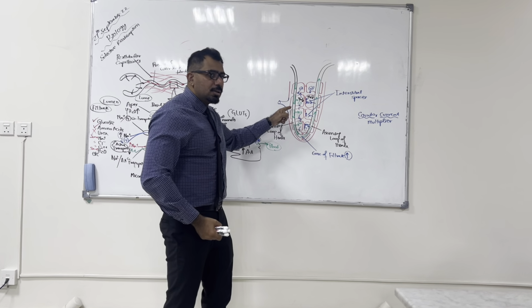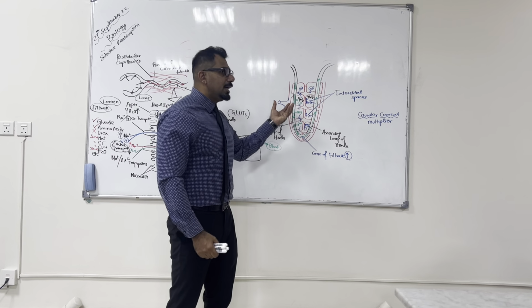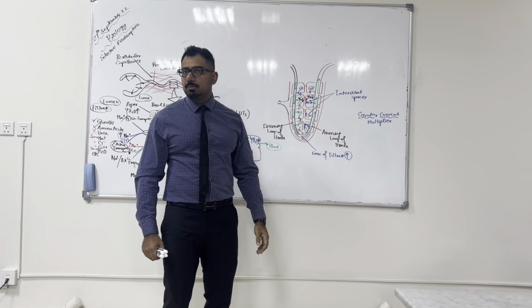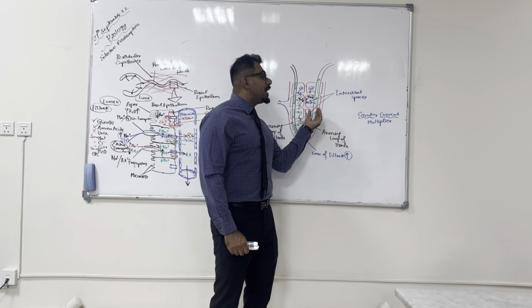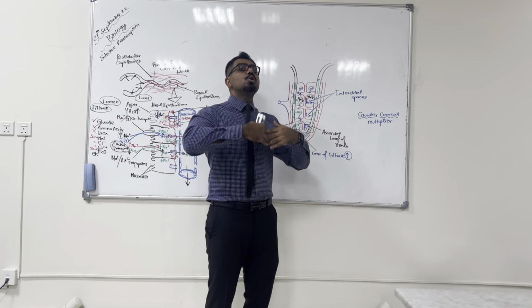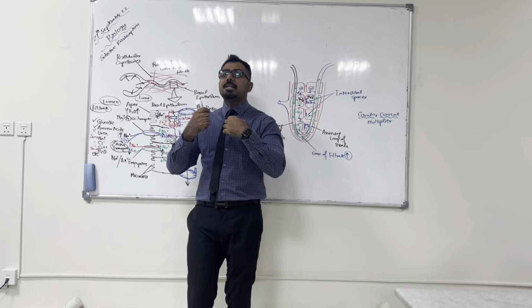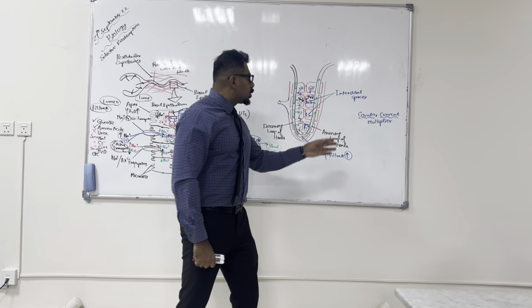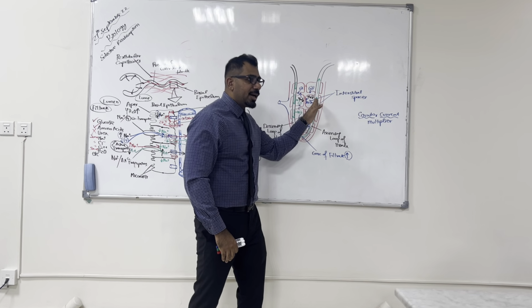When the filtrate is coming down the descending loop of Henle, it contains a lot of water, so obviously it will be dilute. When it is going up the ascending loop, it is losing sodium and chloride ions, losing solutes, so the concentration will be low there as well.